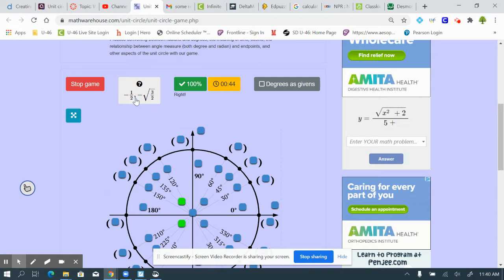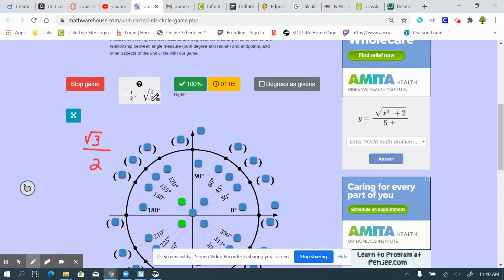Now, this is another ordered pair, but a very specific ordered pair. Negative 1/2, so to the left a half, and then down, rad 3 over 2. This is a mistake. It should be rad 3 over 2.